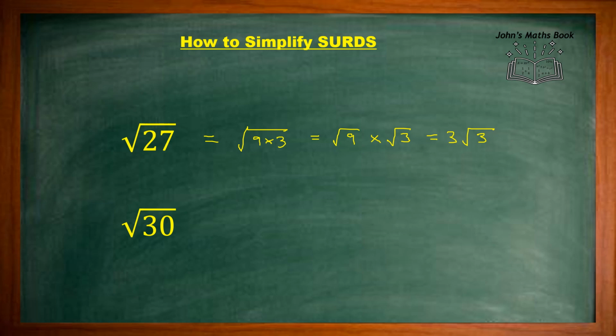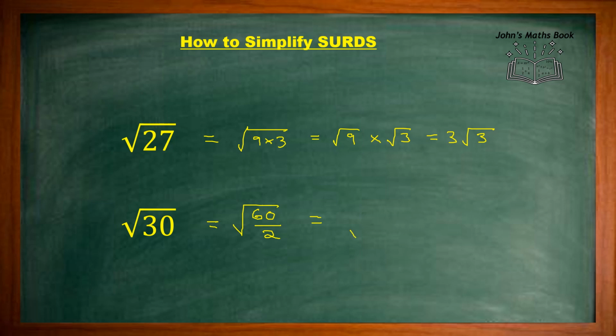Let's look at the square root of 30. So the square root of 30 can be written as the square root of 60 divided by 2. Now, we know that factors of 60 are 15 times 4.